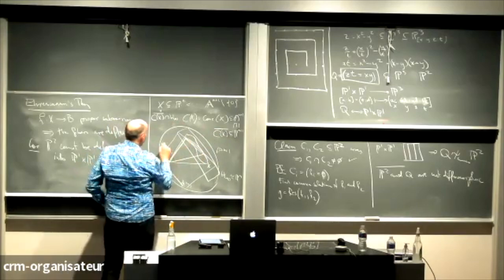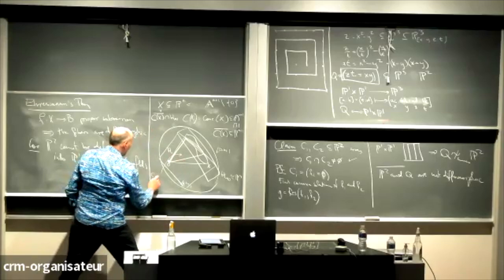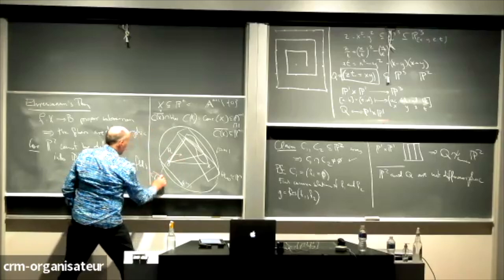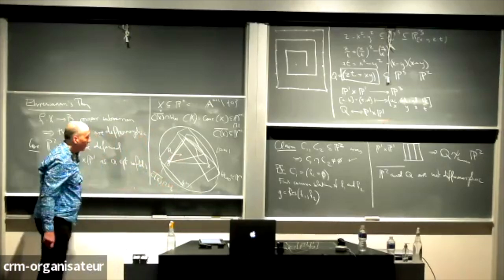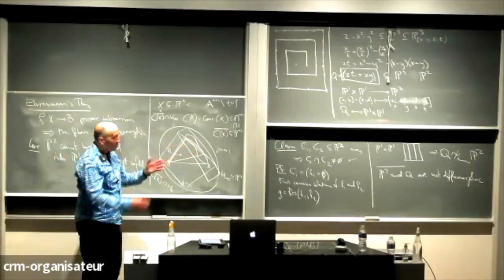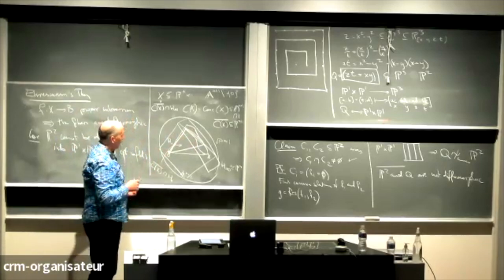So this guy here is this projective cone intersected with H0. So I have this projective cone, and I have two intersections by hyperplanes.